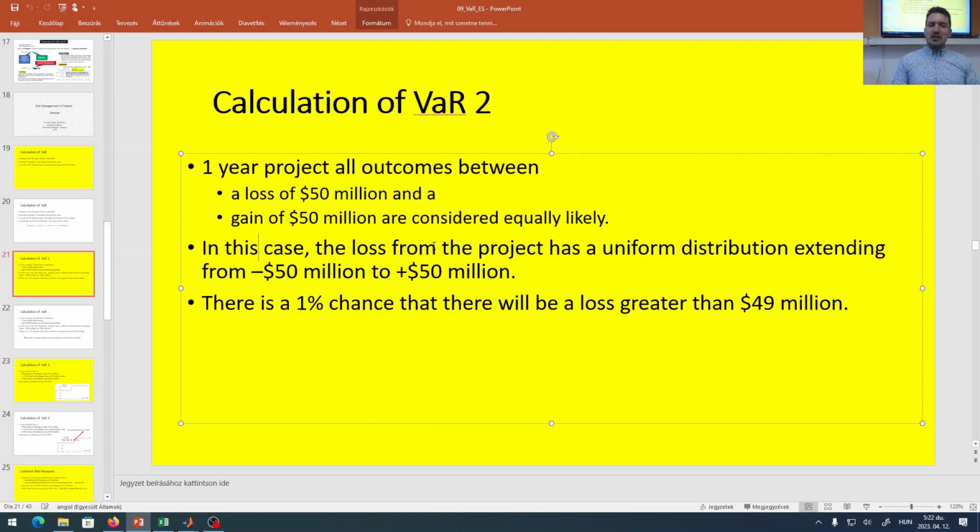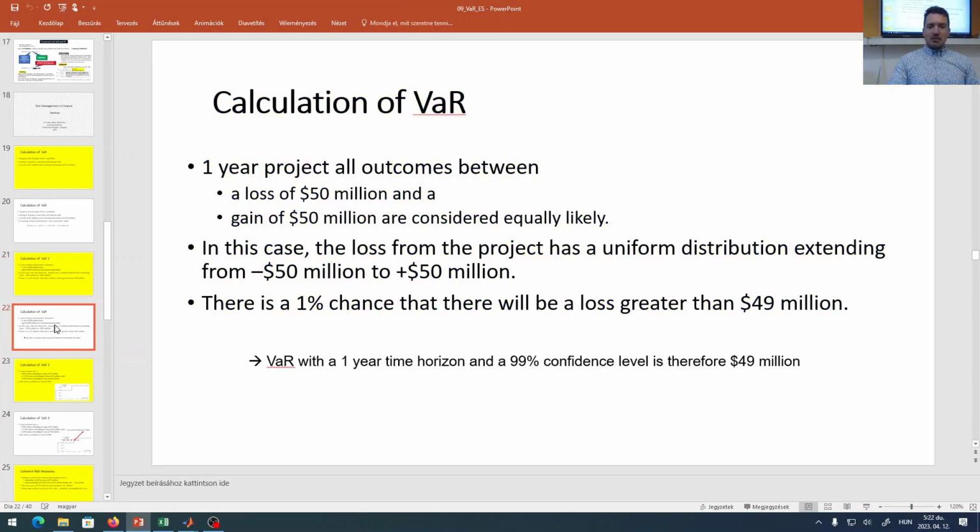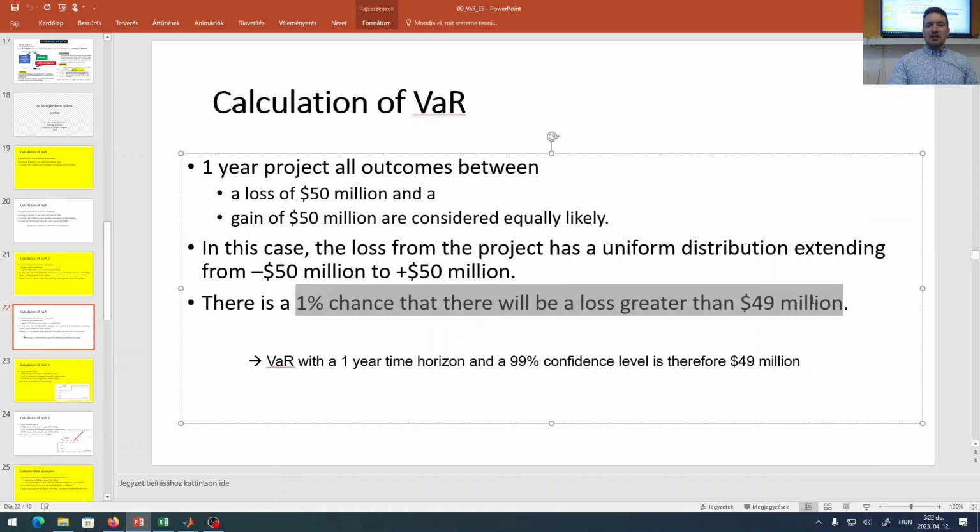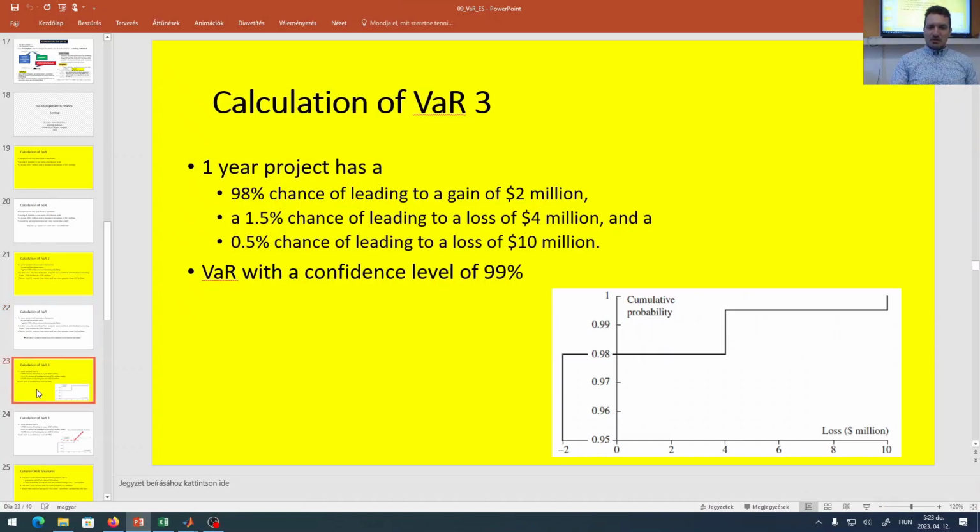And there is a 1% chance that there will be a loss greater than 49 million. If they are completely flat, and there is a 1% chance, it means that the VaR is this 49 million. So it's a no-brainer.